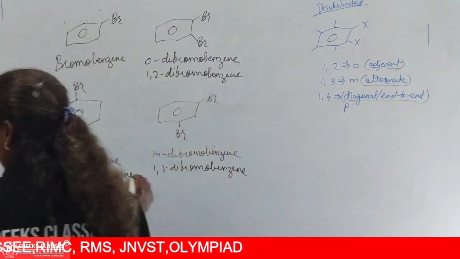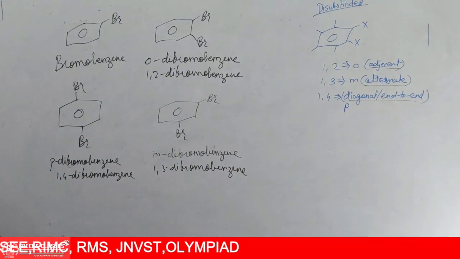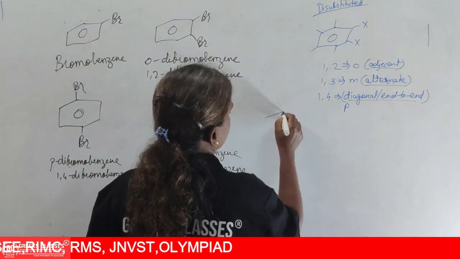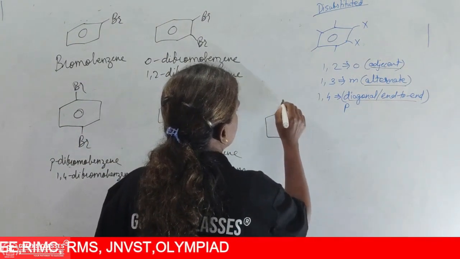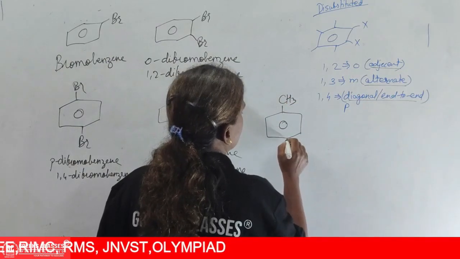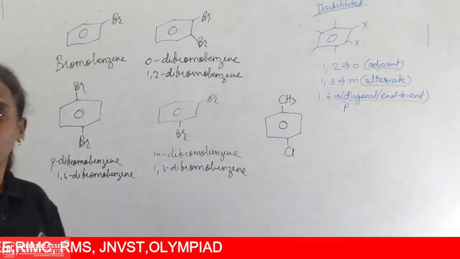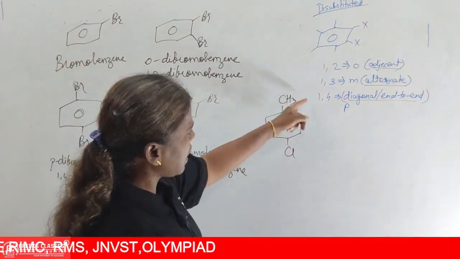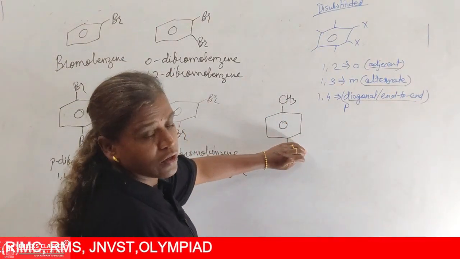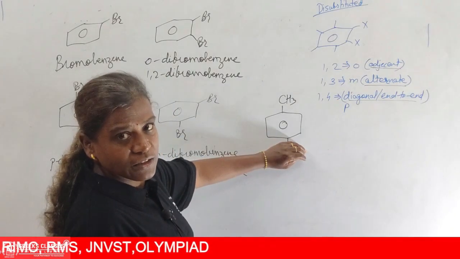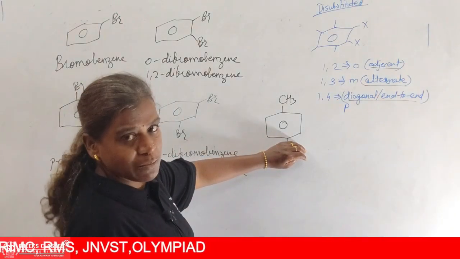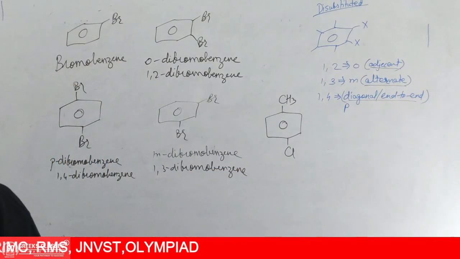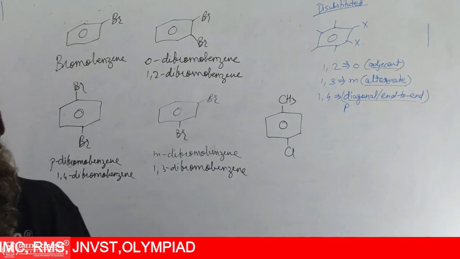Now, a few more examples I would like to take for aromatic compounds. Let's say I have a system where a methyl group is at position 1 and at the para position we have chlorine. If there is no chlorine, we call this toluene, that is methyl benzene. But now chlorine is introduced to this toluene system.